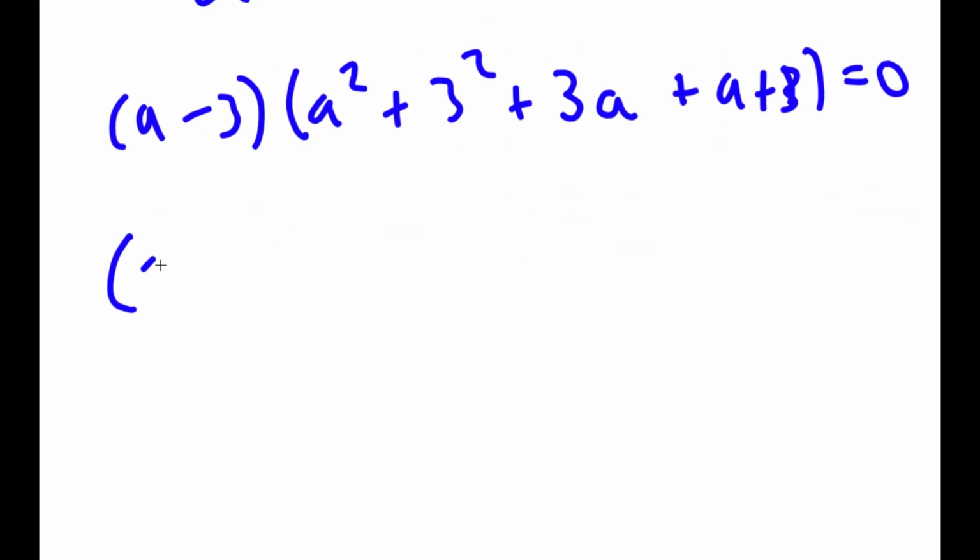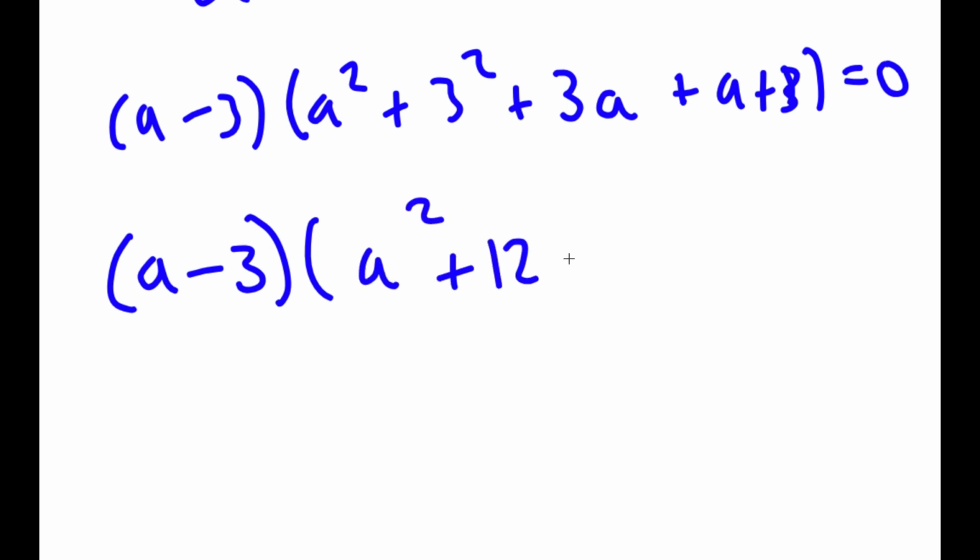And this simplifies to a minus 3 times a squared plus 4a plus 12 is equal to 0.